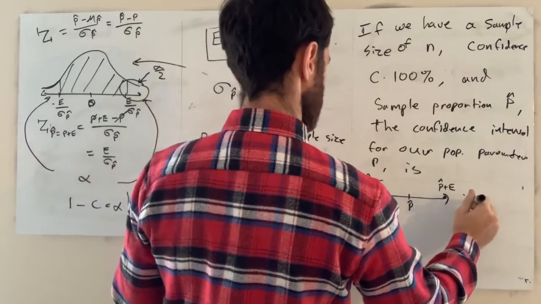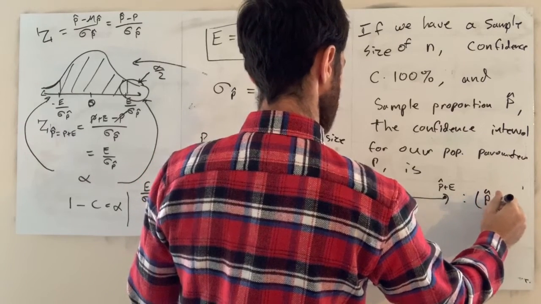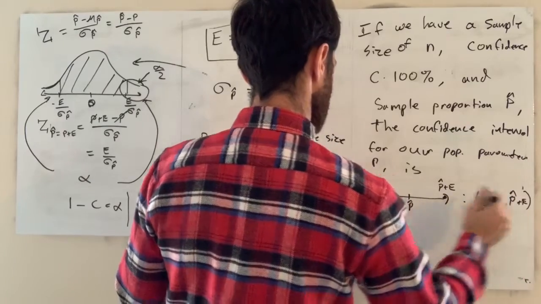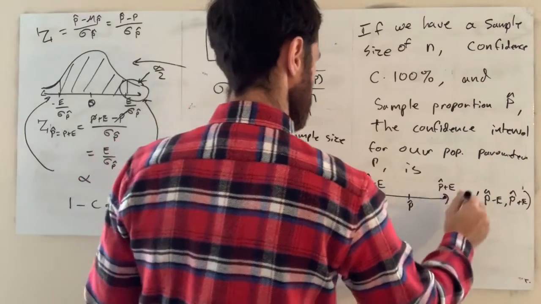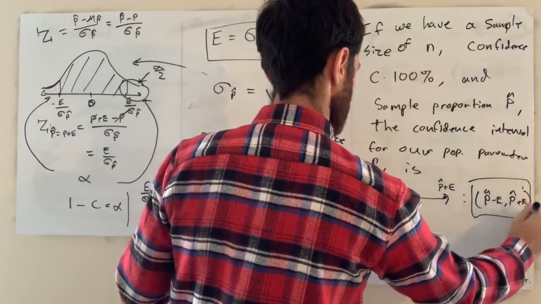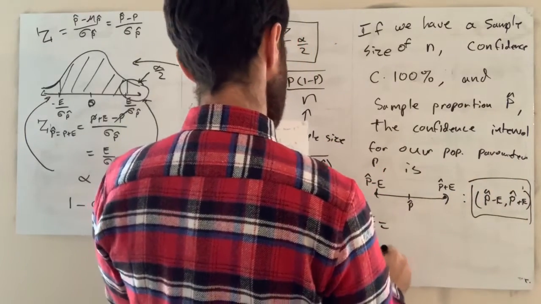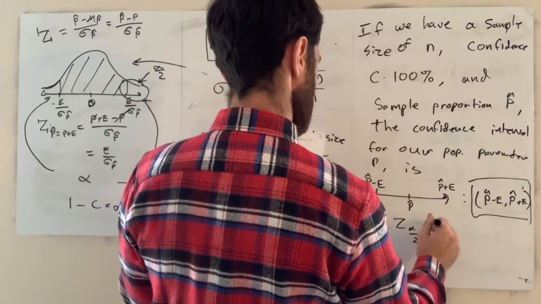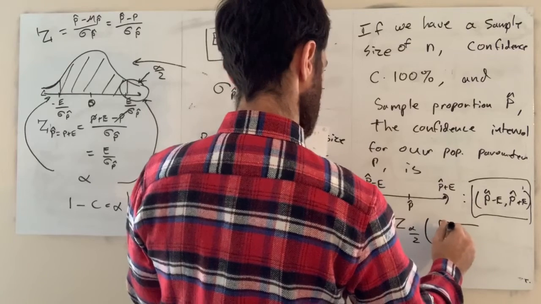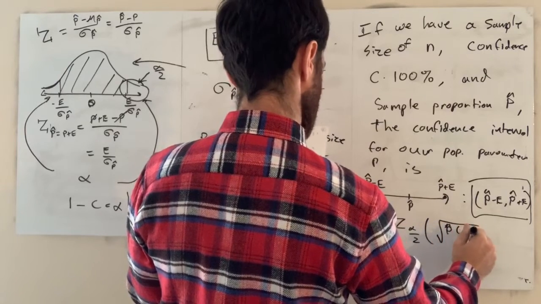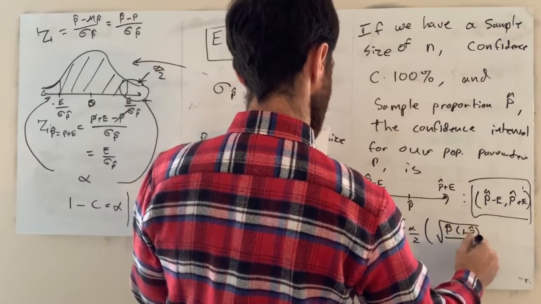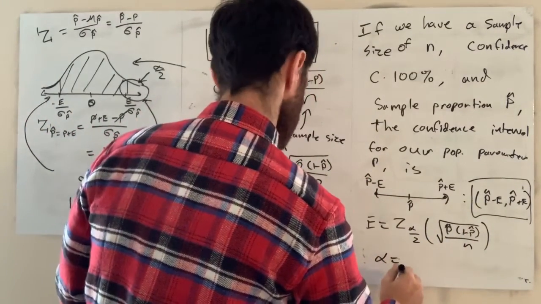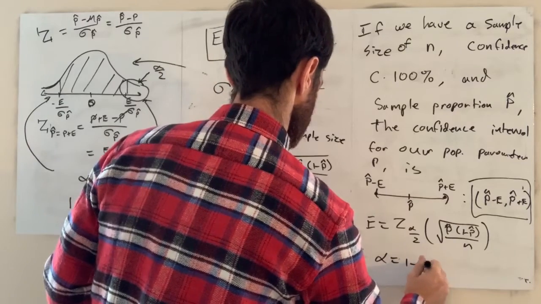This interval is just p hat minus E to p hat plus E, where E, so this is part of the punchline, E is going to be equal to z alpha over 2 times the square root of p hat, 1 minus p hat, over n, and alpha is equal to 1 minus C.